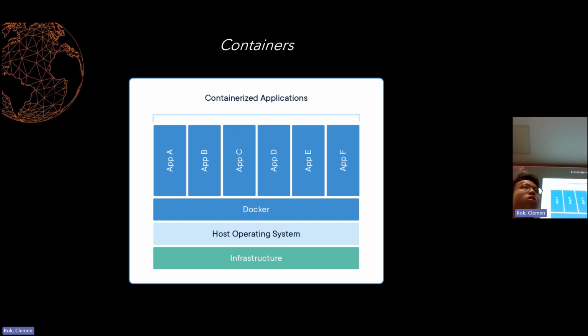Containers are an abstraction beyond that. Each container only contains the software it needs, and you can specify this in something like a Dockerfile. Containers are very useful because they allow us to easily scale applications, and they're also quite useful for machine learning, as we'll see soon.